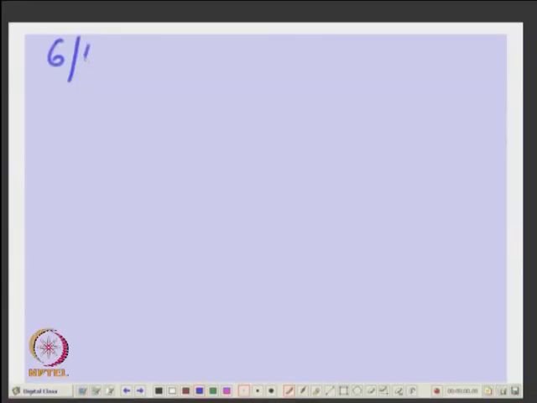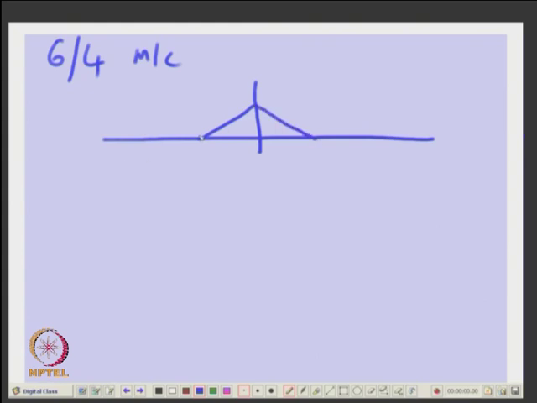Right. Now, let us look at it in a little more detail. I take a typical 6 by 4 machine, and for the 6 by 4 machine we have an inductance variation.